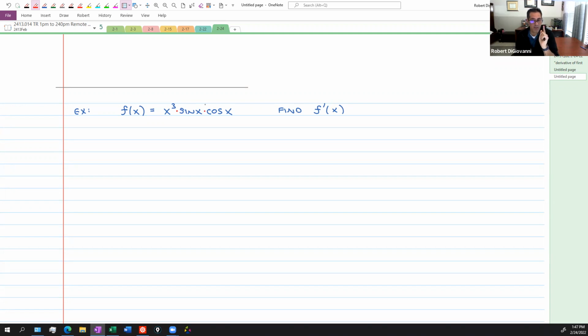So to do this, here's what I'm going to do. I'm going to pick one of these. I think what I'm going to do is I'm going to pick right here. I'm going to treat that as the product. I'm going to call the x cubed the f. And all of this together, including the product, I'm going to call that g.